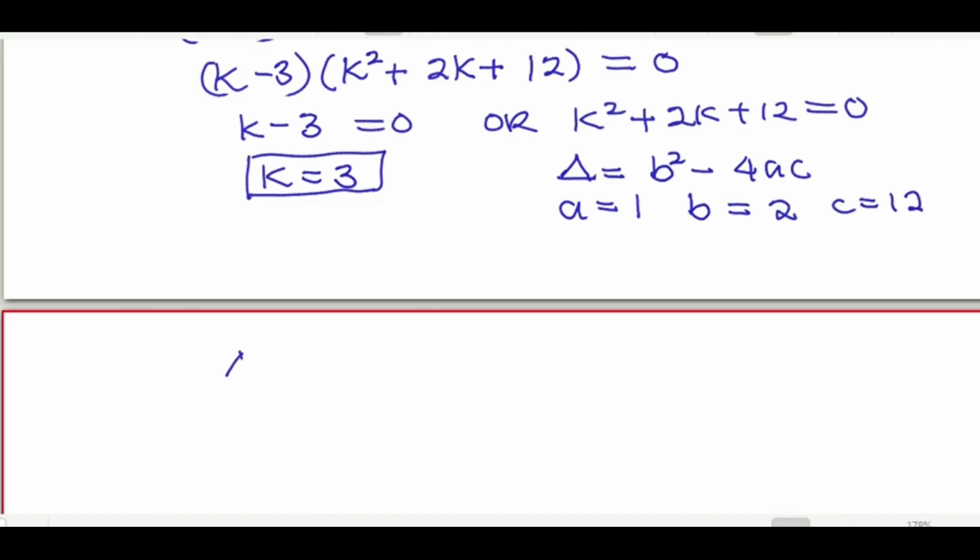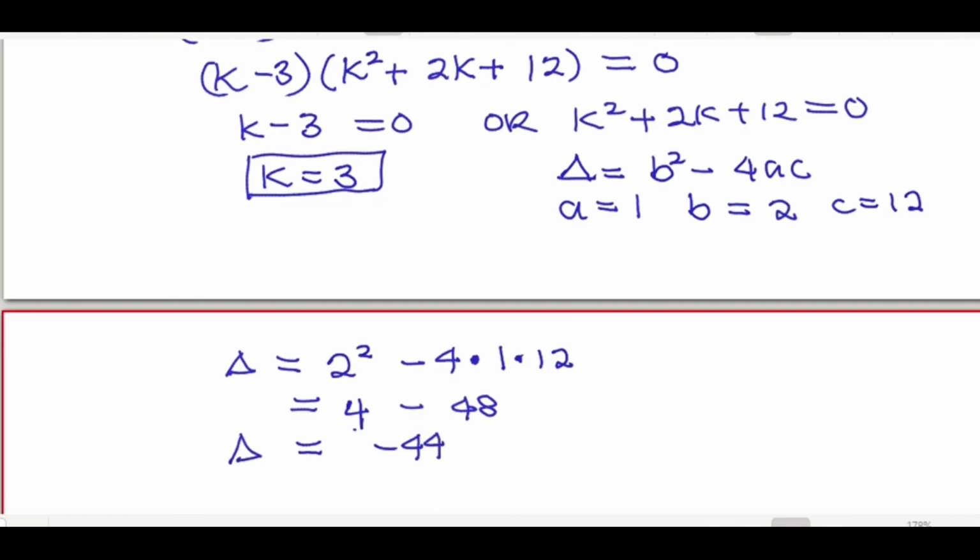So the discriminant is b squared, that will give us 2 squared, minus 4ac, that's 4 times a, which is 1, times c, which is 12. So we have 2 squared gives us 4, minus 4 times 1 times 12 gives us 48. So here we have 4 minus 48, which gives us minus 44. So clearly our discriminant is less than 0. So there will not be real roots. So we ignore that one.